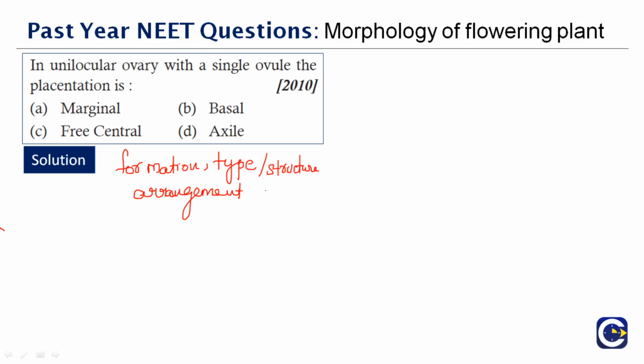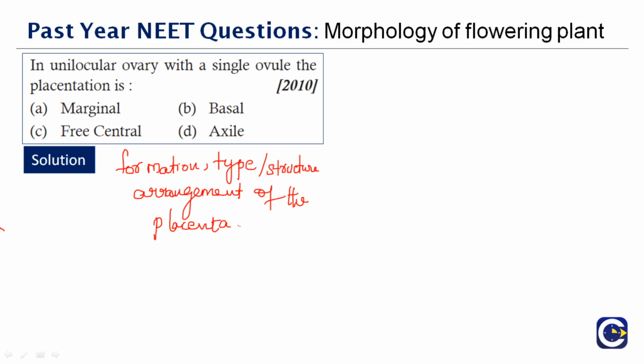Okay, arrangement of the placenta. The function of the placenta is to transfer nutrients, respiratory gases and water from the maternal tissue to a growing embryo, and in some instances it also removes the waste from the embryo. So this is the exact function of this placenta.